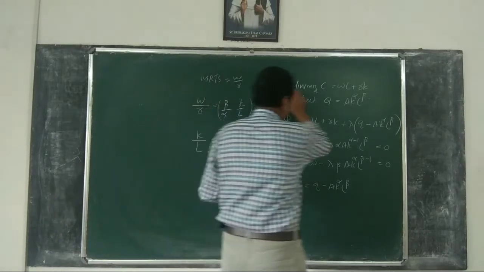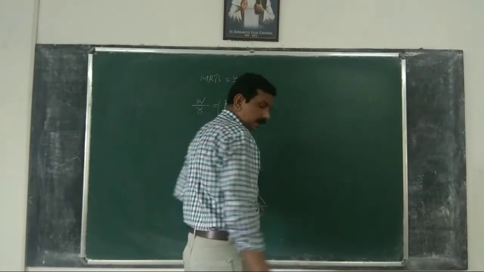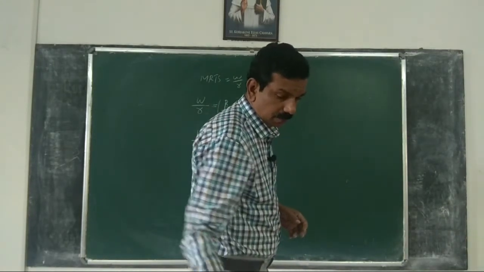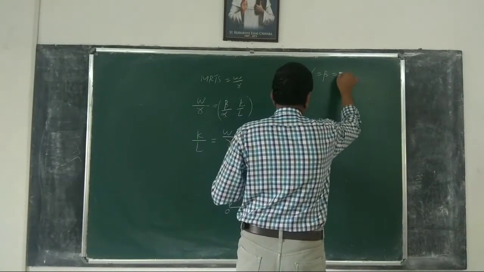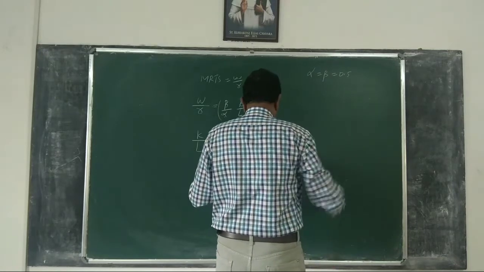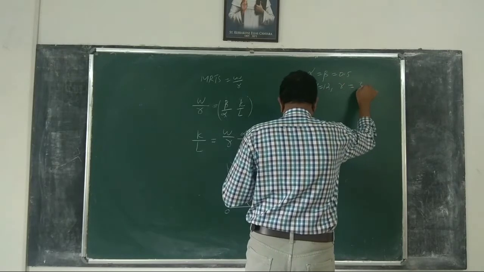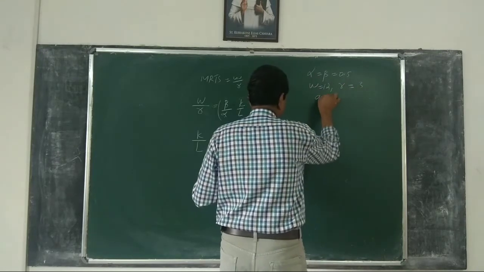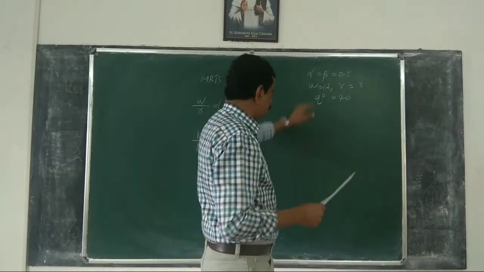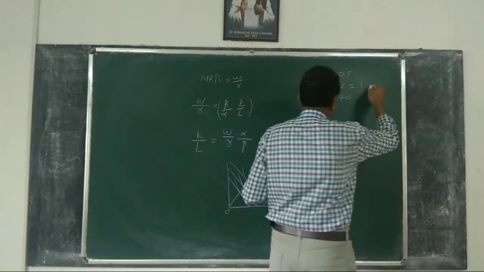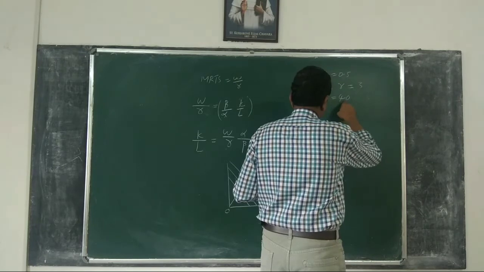Now let us consider a concrete example. Let alpha equal beta equal 0.5 and W equal 12, R equal 3, and also assume that the level of output is represented by Q0 equal to 40.